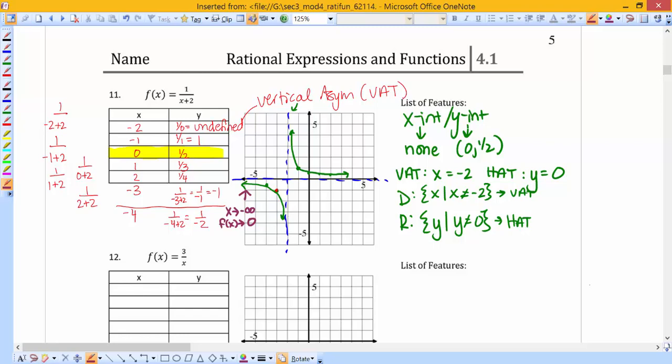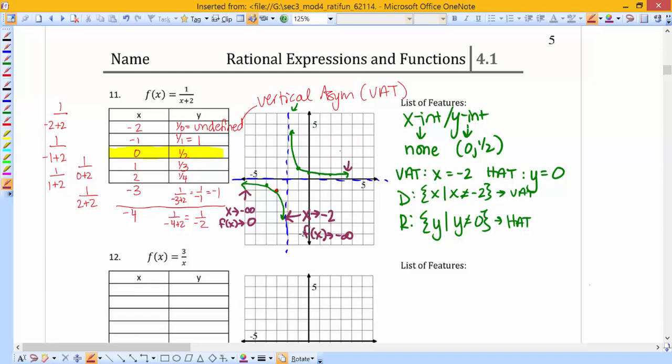And then this one, as x is going to, now we have to look at that vertical asymptote. Your vertical asymptote's at -2, so x is approaching -2, and f of x is going to approach -infinity because it goes down.